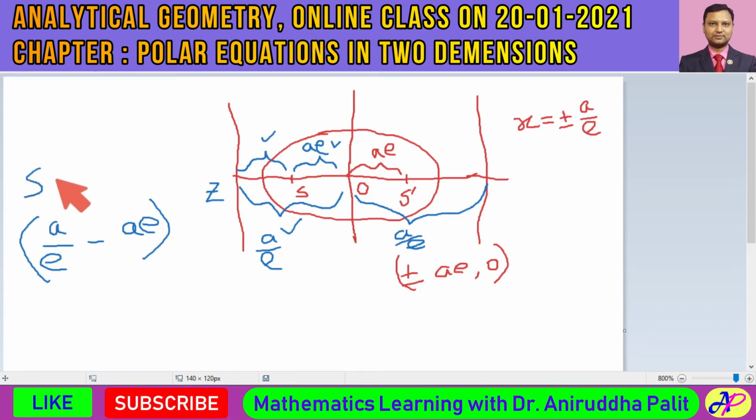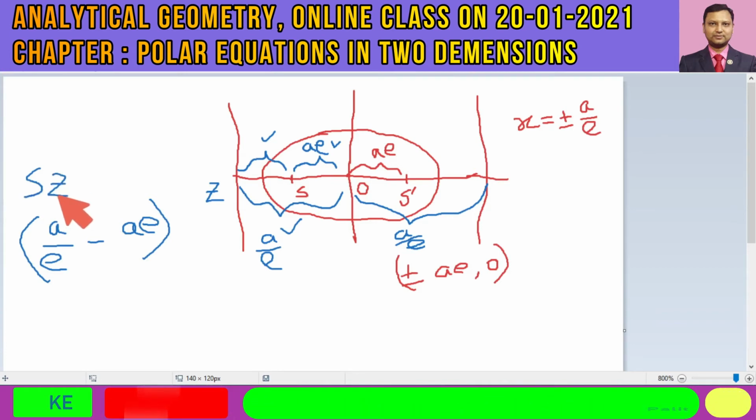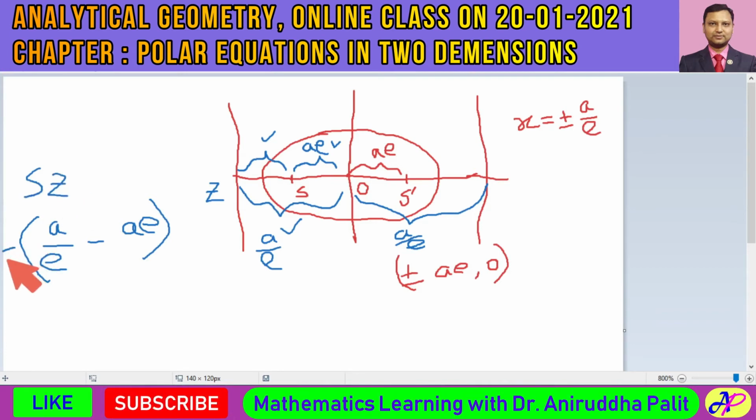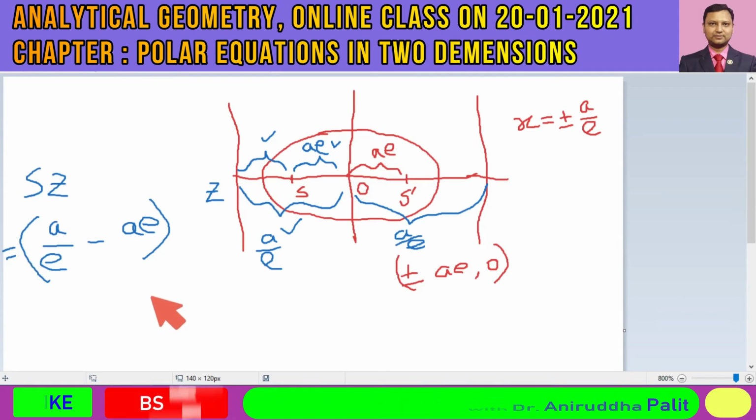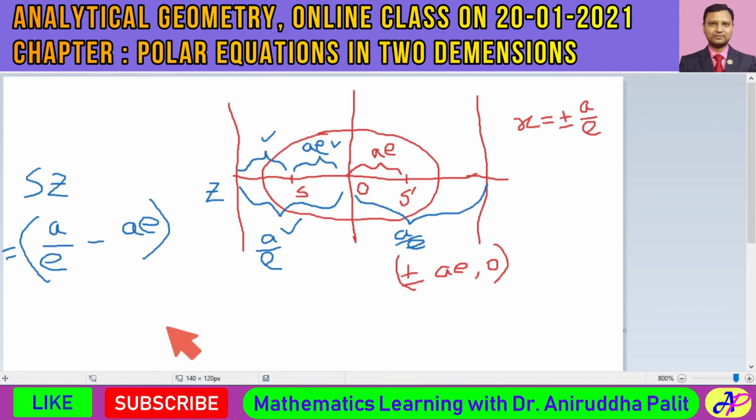So AZ should be equal to AE divided by A minus E. So if you want, you can compute SZ in this fashion as well.